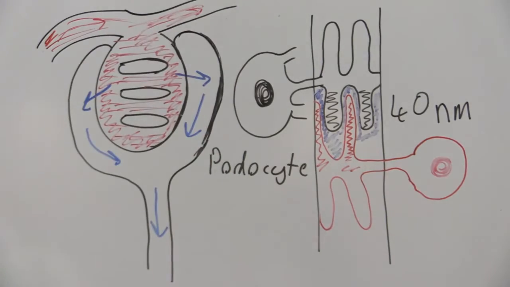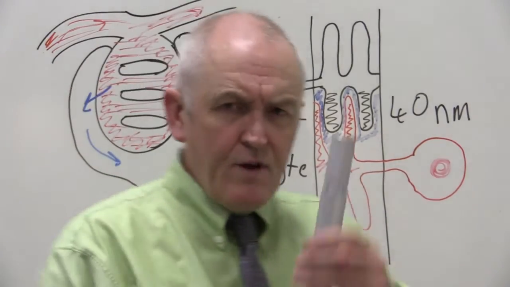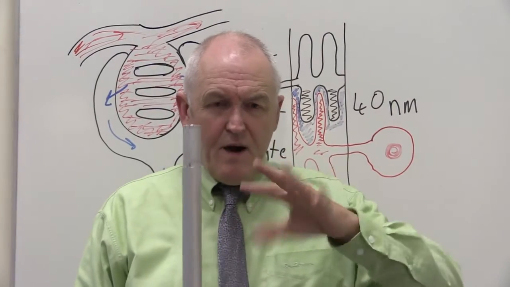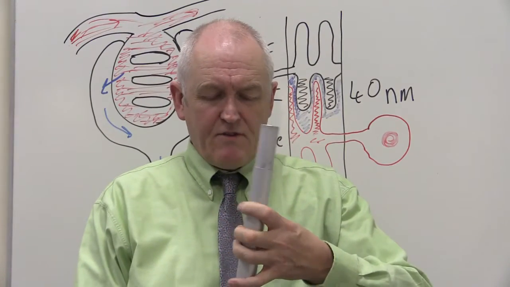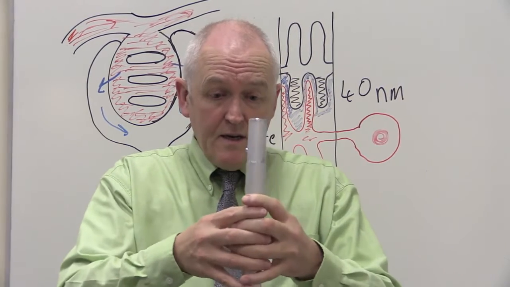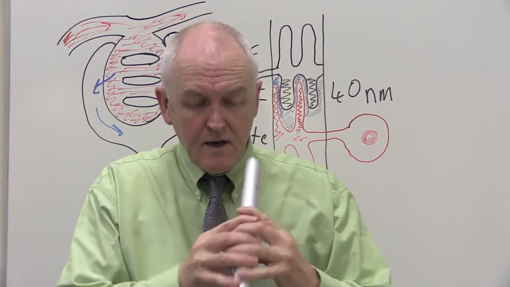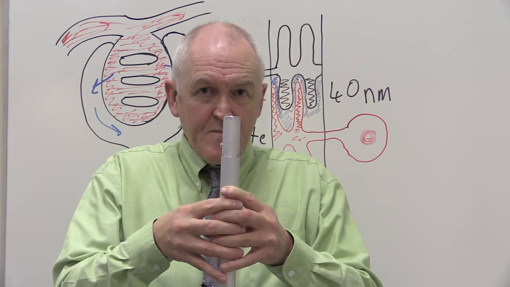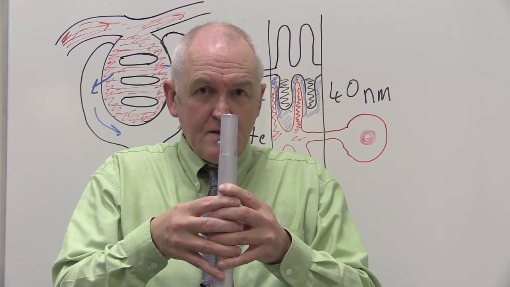And it's a bit like this tube I've got here. If we imagine this tube is the glomerular capillary, and my hand is a podocyte with one lot of branches going around there. The other hand is another podocyte, and then between the two we're going to have these very small filtration slits between the pedicles.